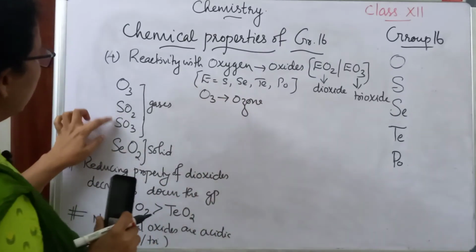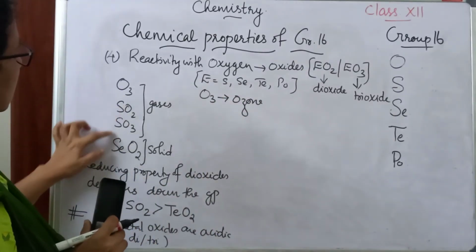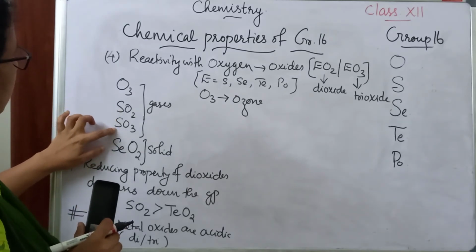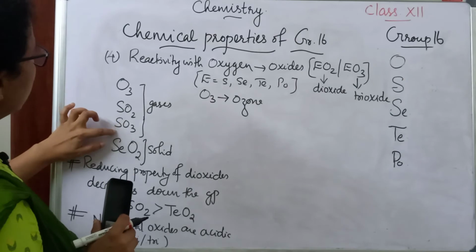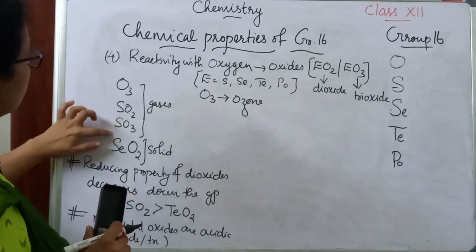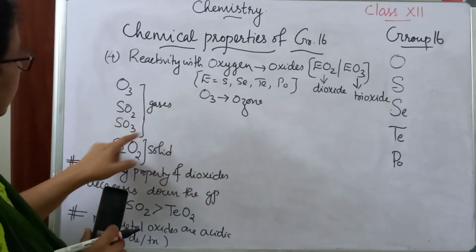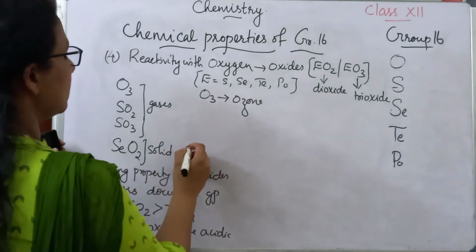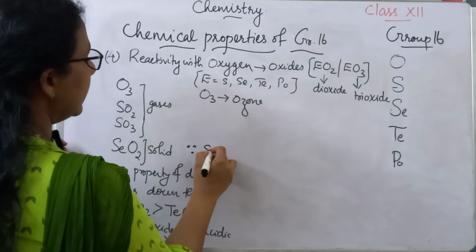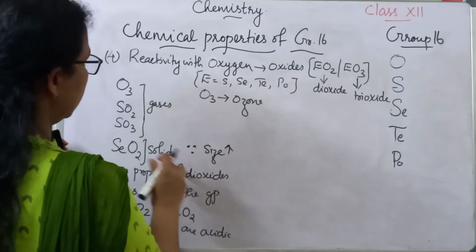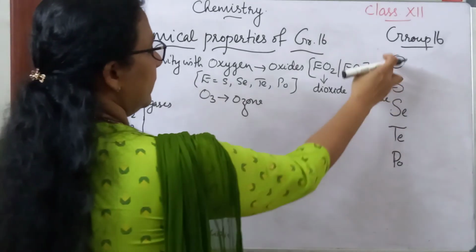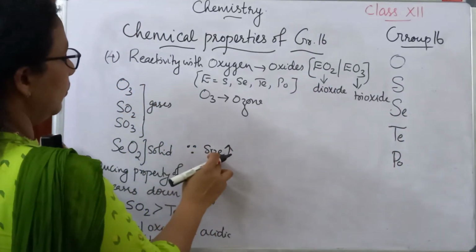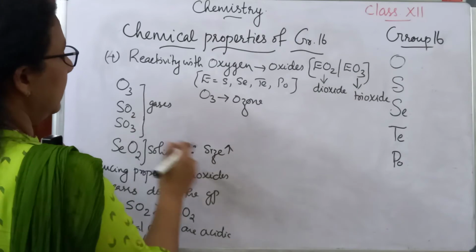SO2, SO3, SeO2 are examples of oxides. Dioxides are there, trioxides are there. In these cases, the oxides are gases, but SeO2 is a solid. Why is SeO2 a solid? Because coming down the group, the size increases, so Se has more size than the other elements.